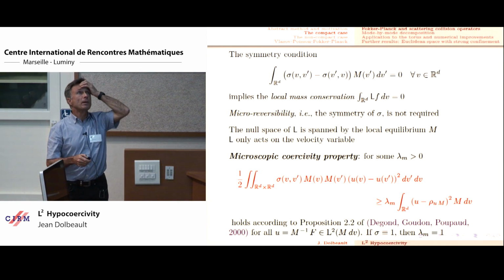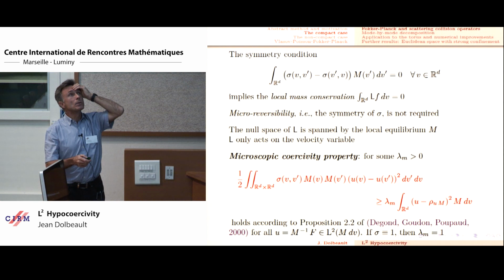For instance, if you don't assume micro-reversibility, well, you still may have local mass conservation. This is okay.